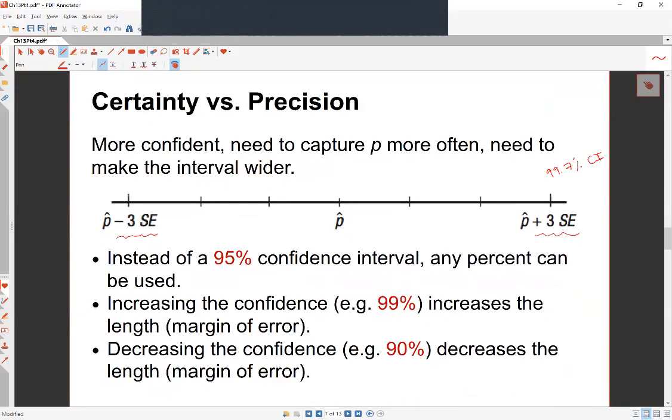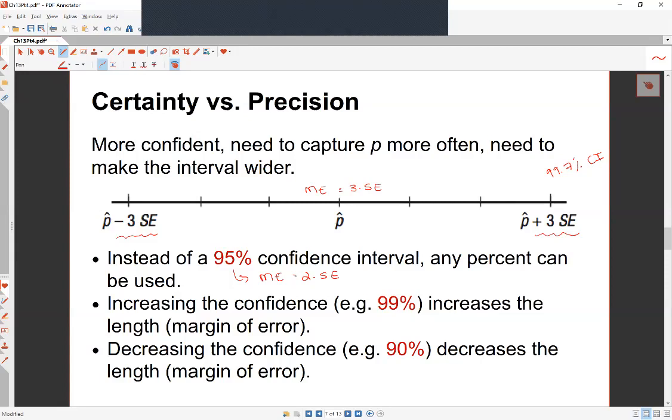So in this case, the margin of error is 3 times the standard error. And so that gives us a sense of how much precision we have, right? If the margin of error is large, we don't have a lot of precision. But if the margin of error is small, we do have a lot of precision. Now, if you were doing a 95% confidence interval, your margin of error would be 2 times the standard error.